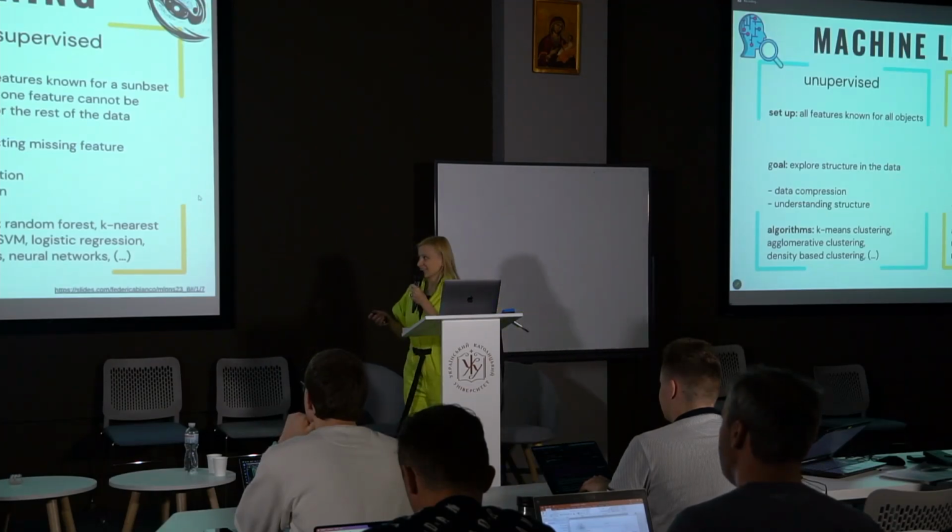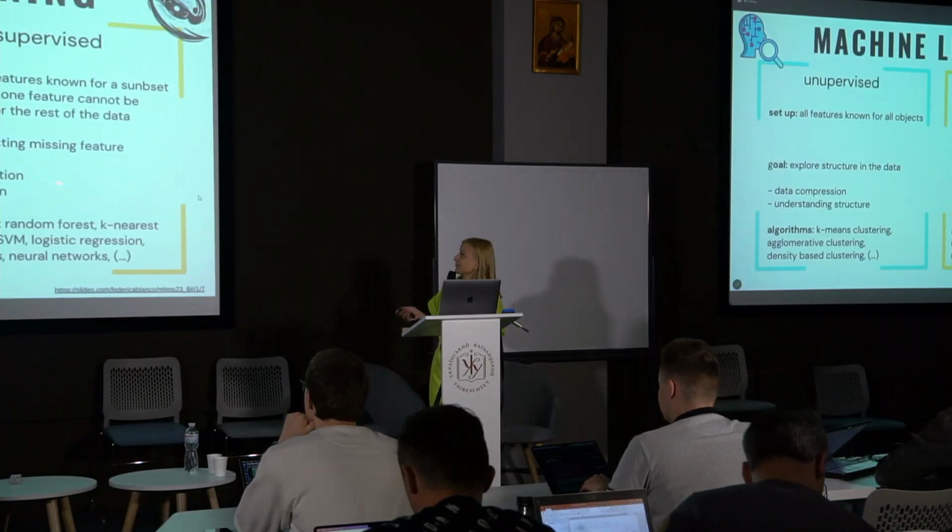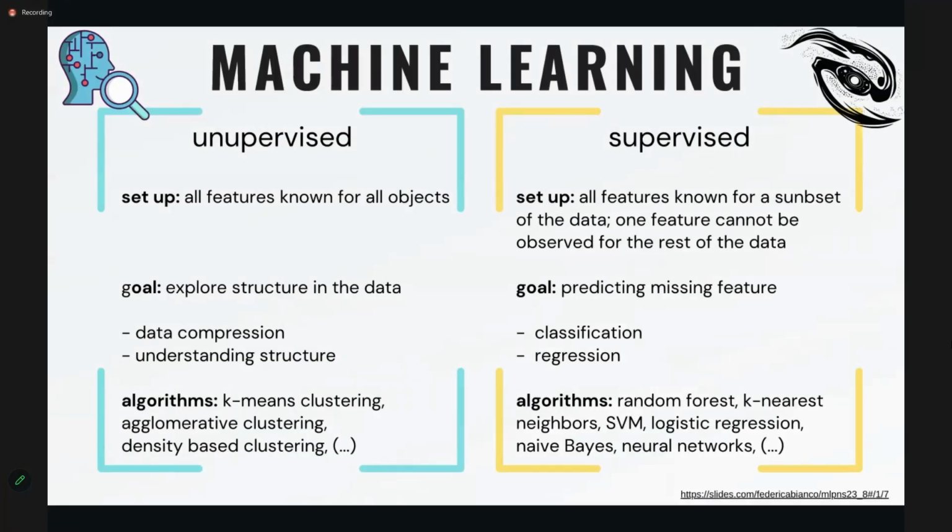In this lecture, I will talk about supervised learning methods in machine learning, which are divided into unsupervised and supervised learning methods. In the unsupervised learning method, we work when we know all features of a data set and the goal is to explore the structure of these features.